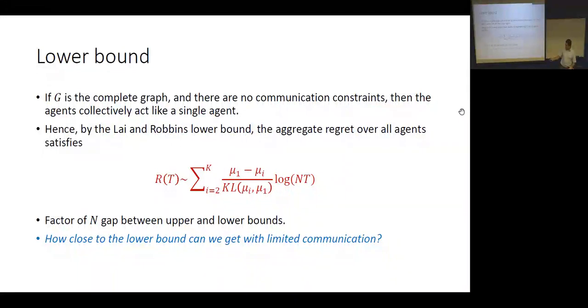So it's the Lai-Robbins lower bound of what you get with one single super agent playing this nt times. So the n that was outside here has gone into the logarithm. So effectively, there's a factor of n gap between these somewhere. So there's a huge gap between not communicating at all and communicating everything.